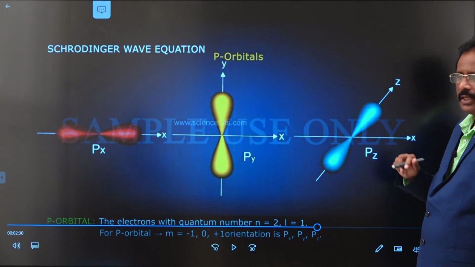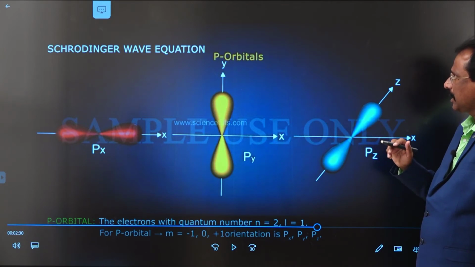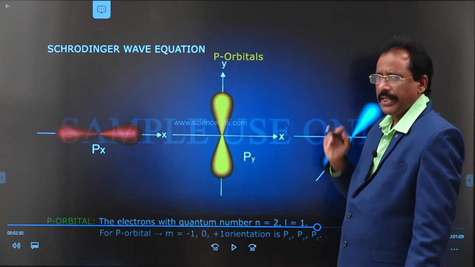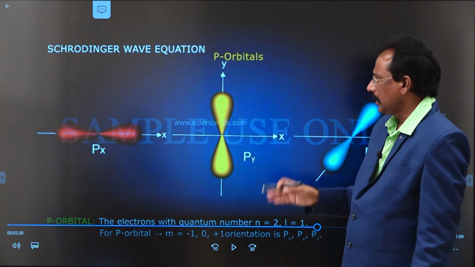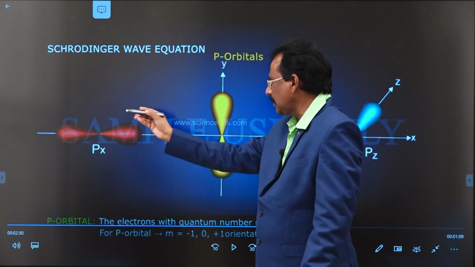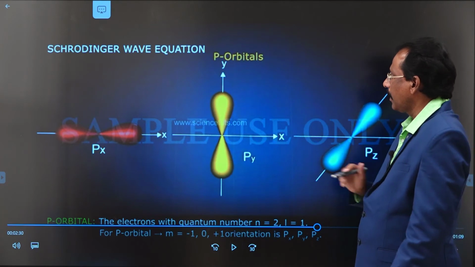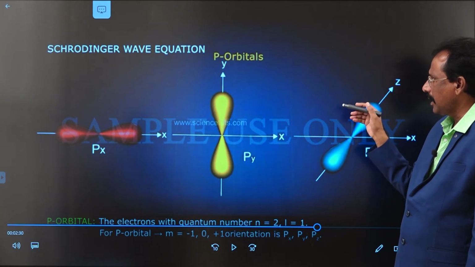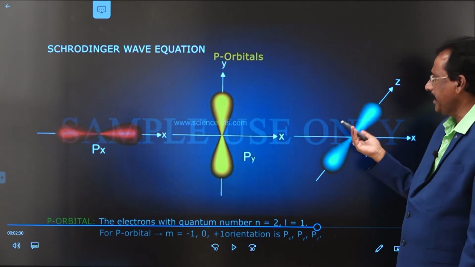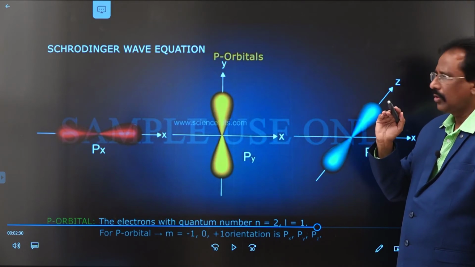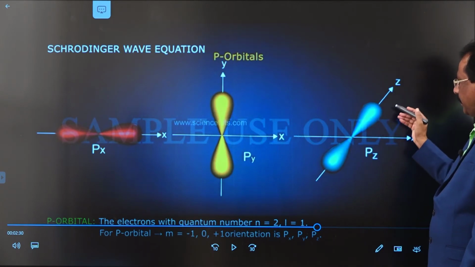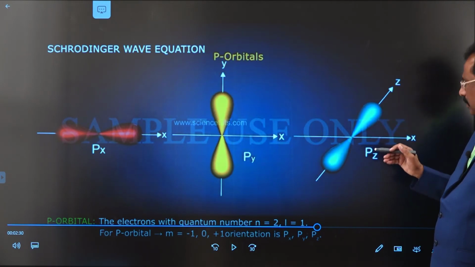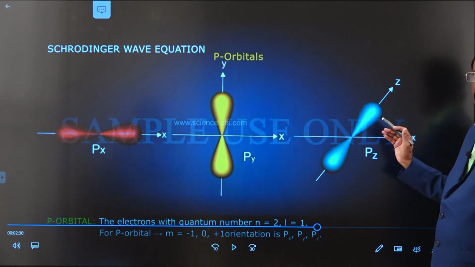That means in that region the probability of finding the electron is 0. So for px orbital, in the yz plane there are no lobes because two lobes are concentrated along x direction. In py orbital, the lobes are concentrated along y direction, so in the xz plane there are no lobes. In pz orbital, the lobes are concentrated along z direction. There are no lobes in the xy plane.